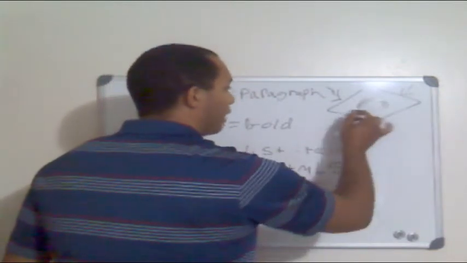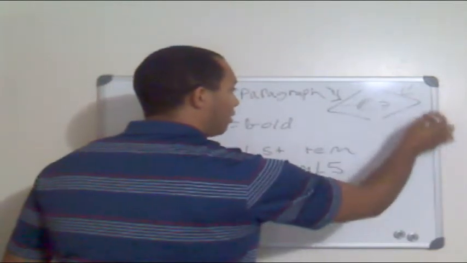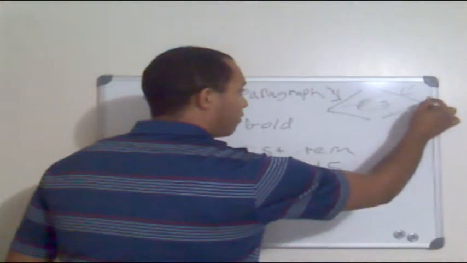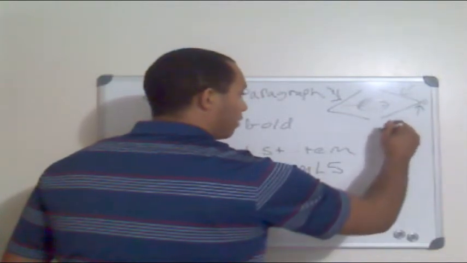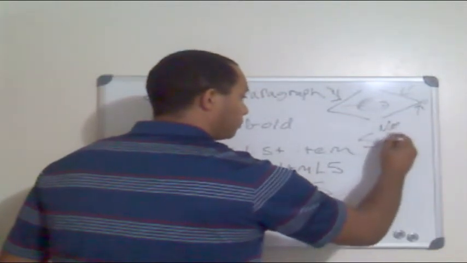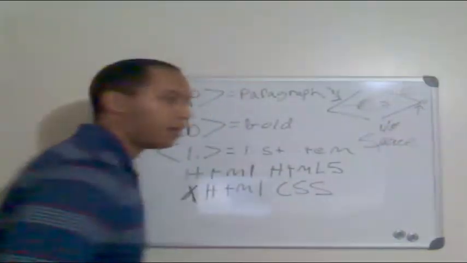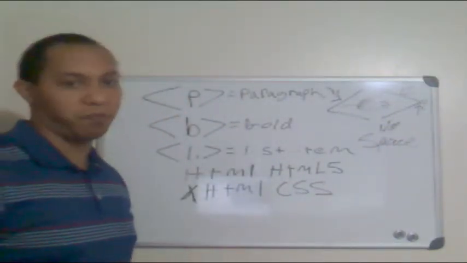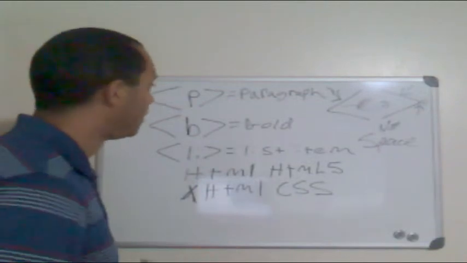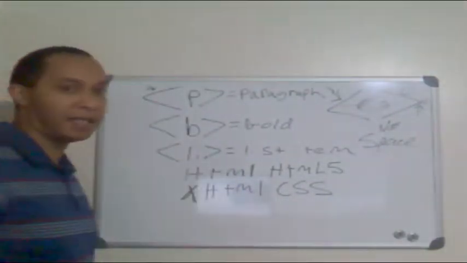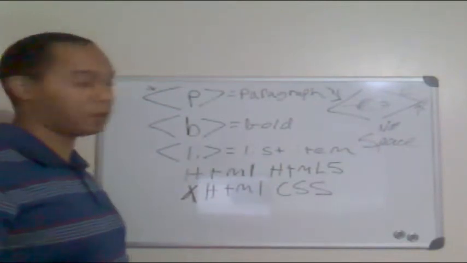So if I had a code written in here, and then I had some words right here, there'd be no space right there, okay? Alrighty, so that's pretty much coding 101. And in these brackets, what we have are called element tags.